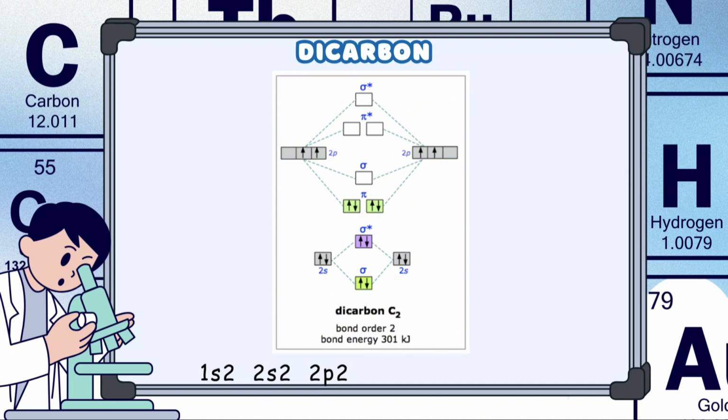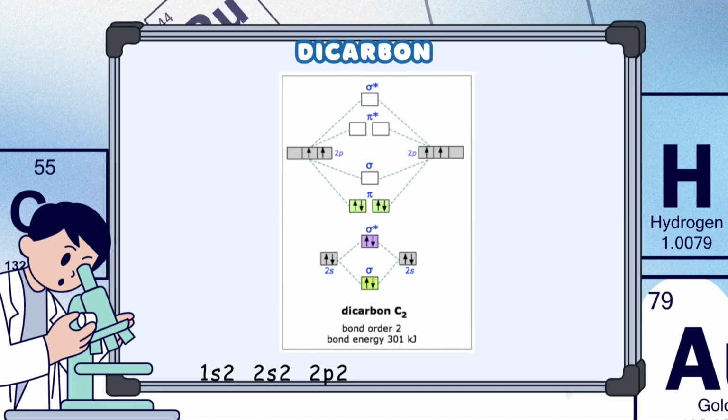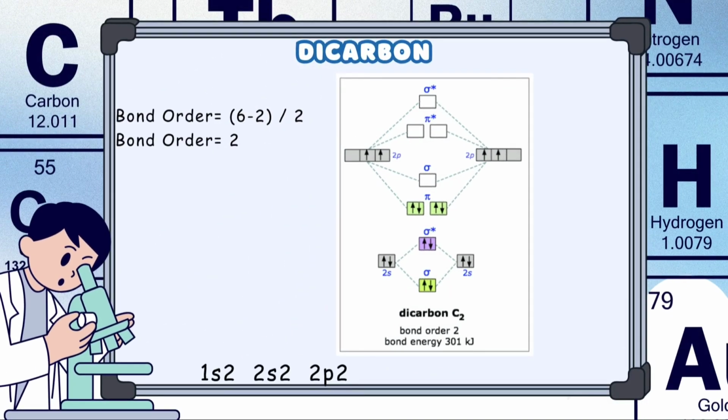Then next is the bond order. The bond order of dicarbon is two, and here's the equation for that. We have six overall electrons in the bonding area, and two electrons in the anti-bonding area. That gives us 4, and 4 divided by 2 is 2.